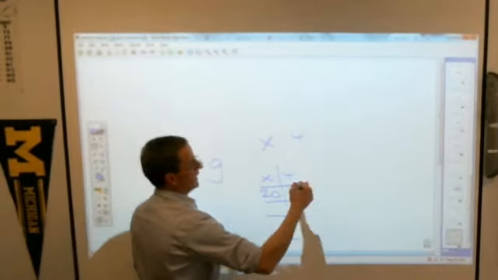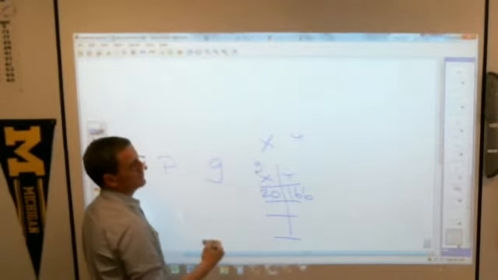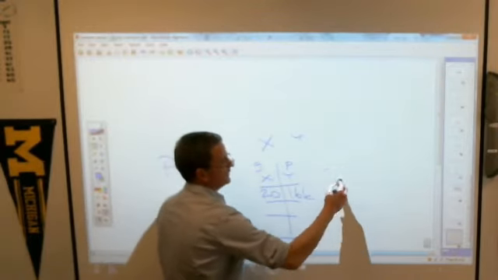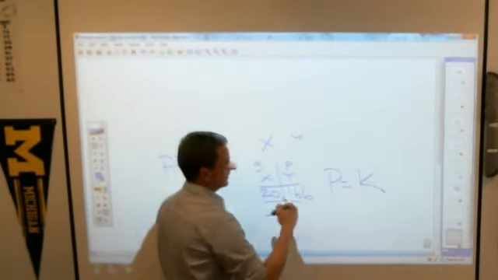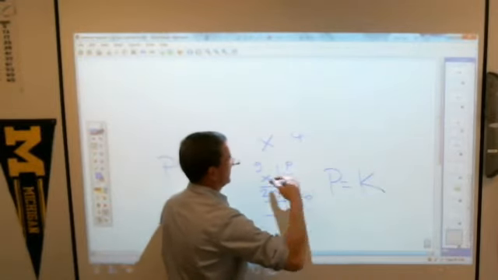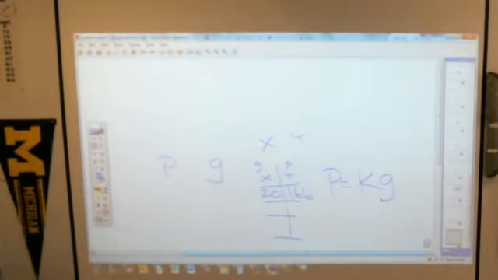So my x is my gallons, this is my pounds. So my equation is P equals some constant times G. I need to figure out what I multiply gallons by to find pounds, and how would I figure that out?